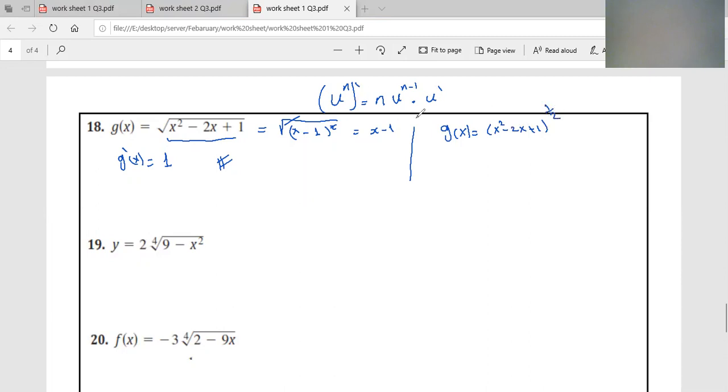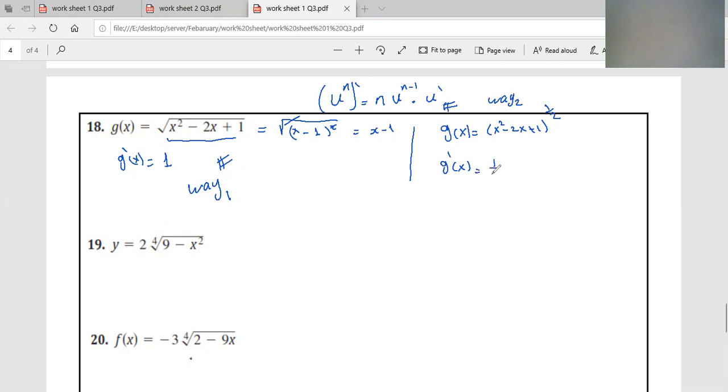Okay, then apply this general power rule. The derivative of g of x, that is way 2, that is way 1. So easy. That depends on the skills of the student. Here, that is way 2. You can use any one of them.